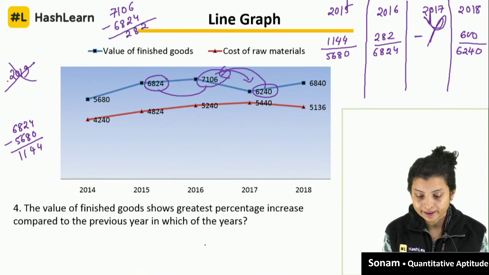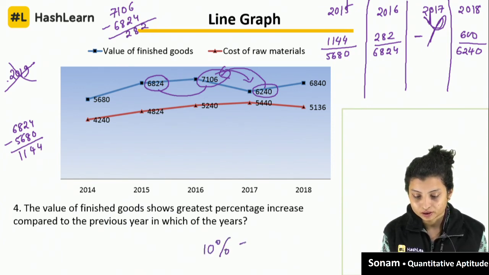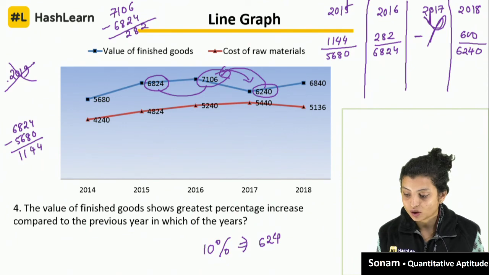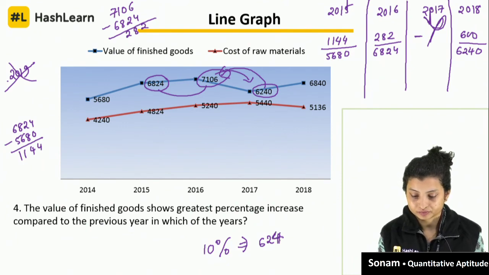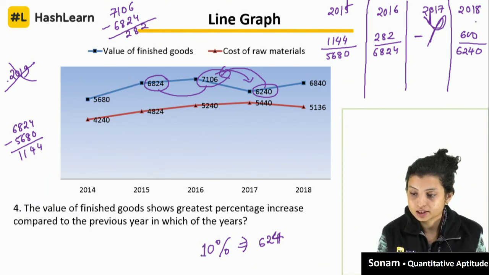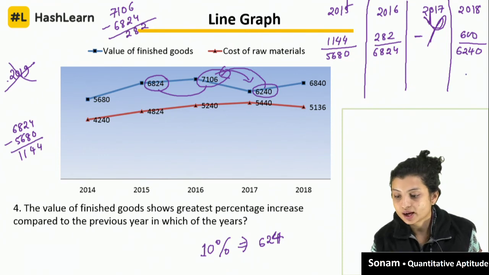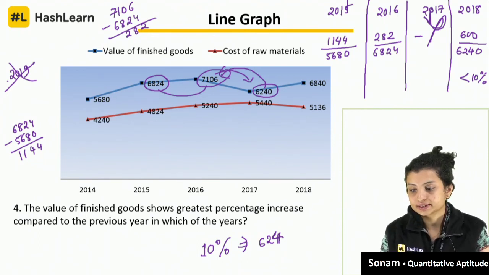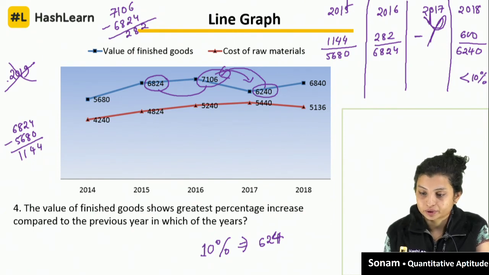How much will be the 10% of the denominator? 10% of the denominator is 624. Is your numerator greater than that or less than that? It is less than that, isn't it? This is 600 over here. So your answer is definitely less than 10% here. I don't need to do the exact calculation, but roughly I can say that it is less than 10%.